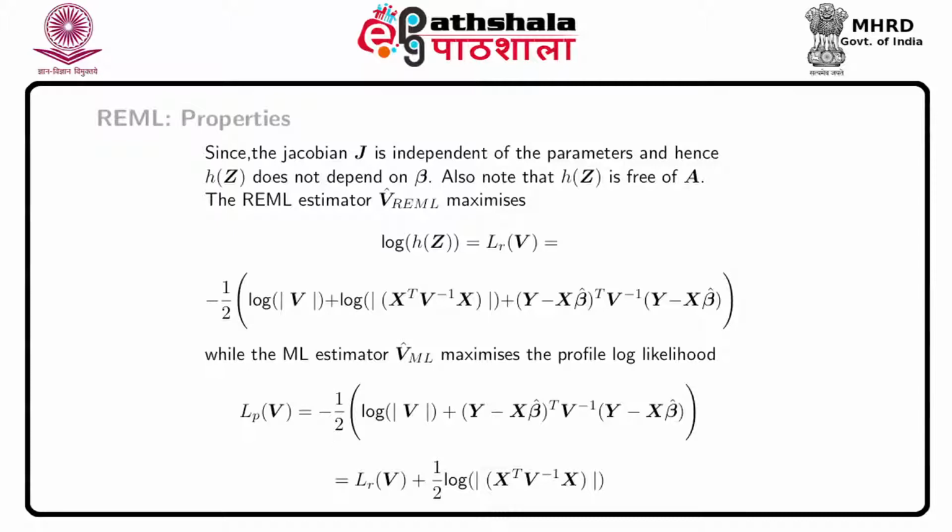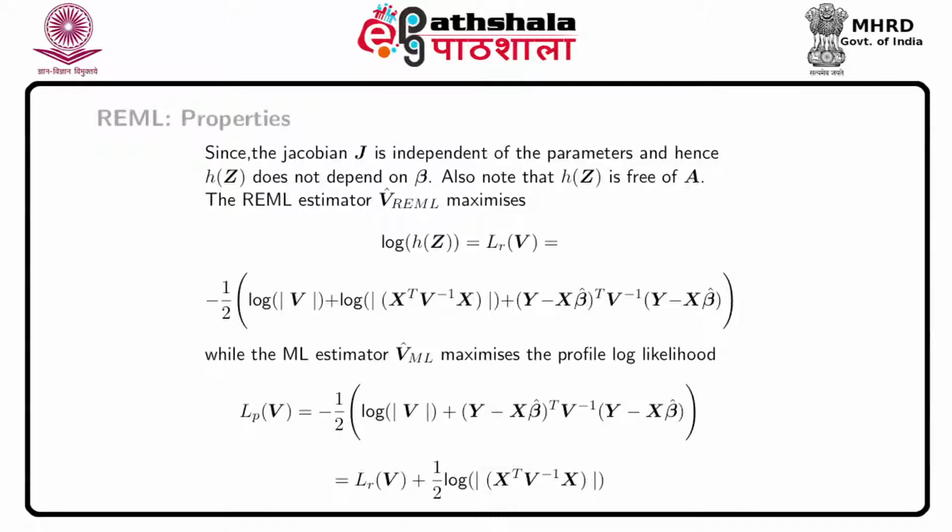So the REML estimator V hat, we write, REML maximizes log of HZ, which is LRV. And it can be shown that the maximum likelihood maximizes the profile log likelihood. So if we obtain the maximum likelihood estimator of the variance, it maximizes the profile log likelihood, which is LPV.